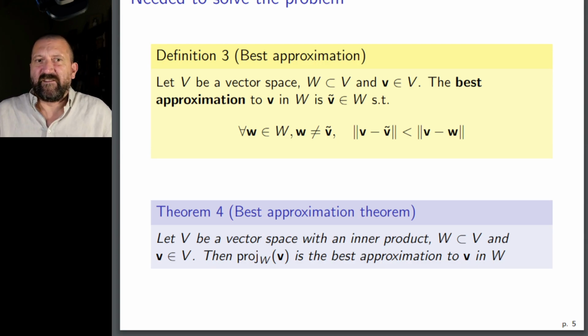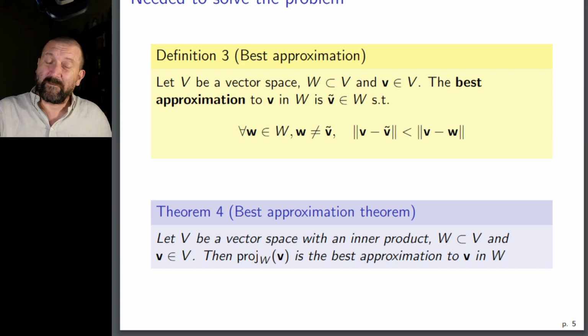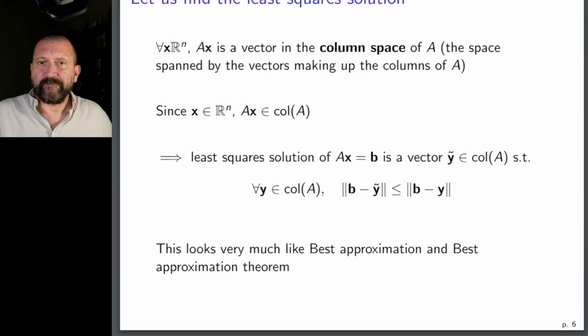Okay, so taking these two results, this definition and this result, into account, let's go back to our problem of least square solutions. This is something you haven't necessarily seen. Some of you will have seen it, some won't.